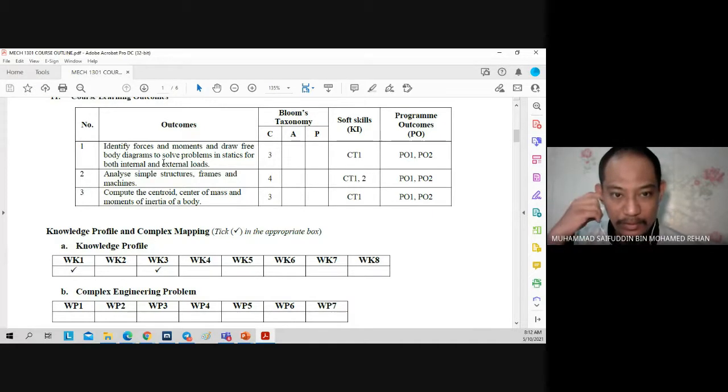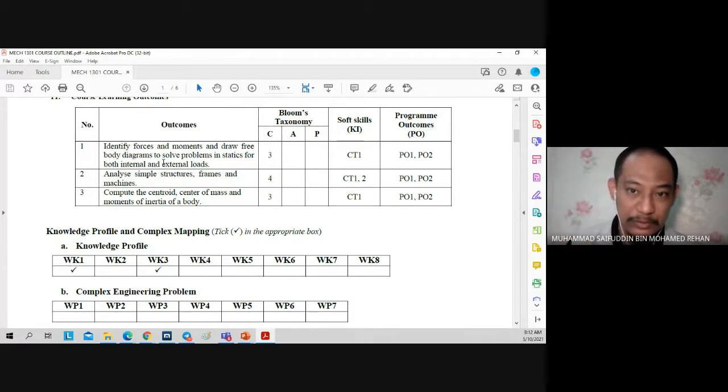And for learning outcomes number 2 and 3, most probably we will only reach those chapters after the midterm, right? So those will be tested in the final exam and not in the midterm. There are several implications of that, because number 2, and especially number 3, may be different from learning outcome number 1.